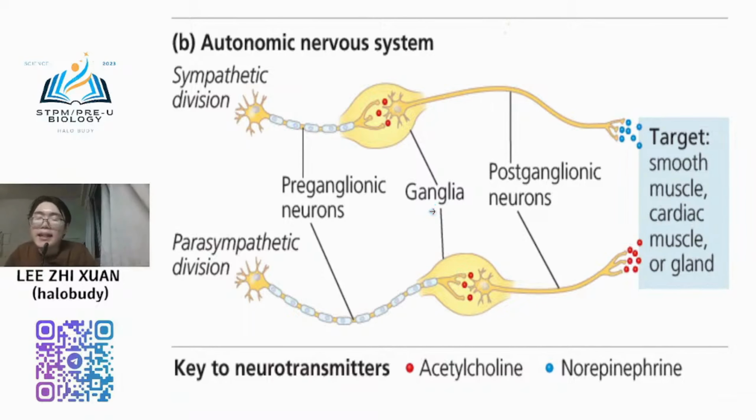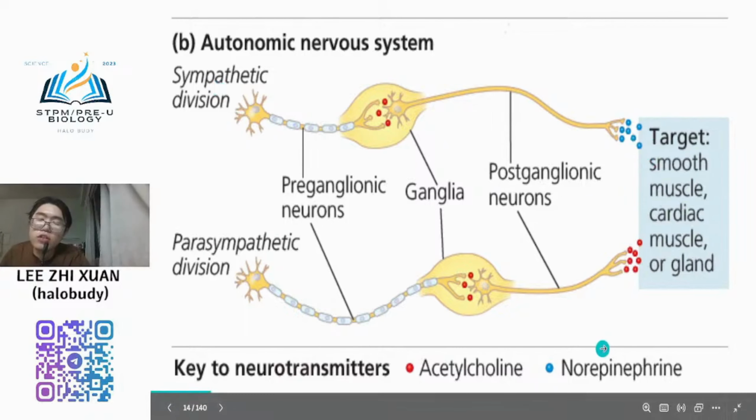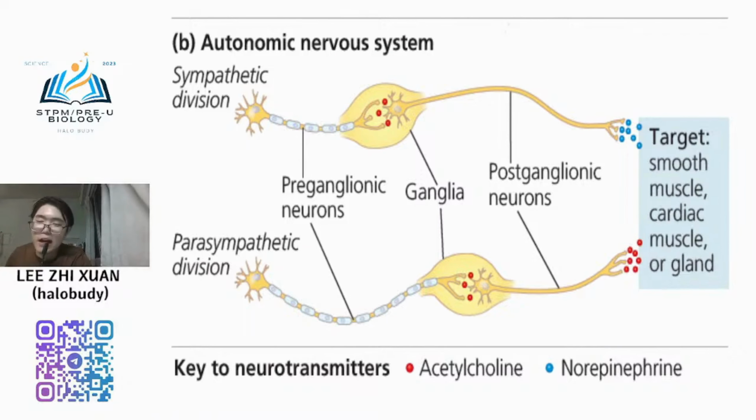But at the end of the system, in the postganglionic neuron, the neurotransmitter released is different. For the sympathetic, it is norepinephrine, or another name, noradrenaline. Noradrenaline is British style and norepinephrine is American style, but both are acceptable in the exam.